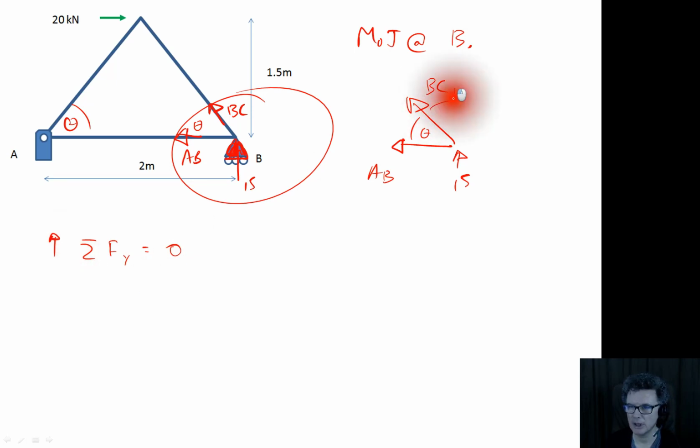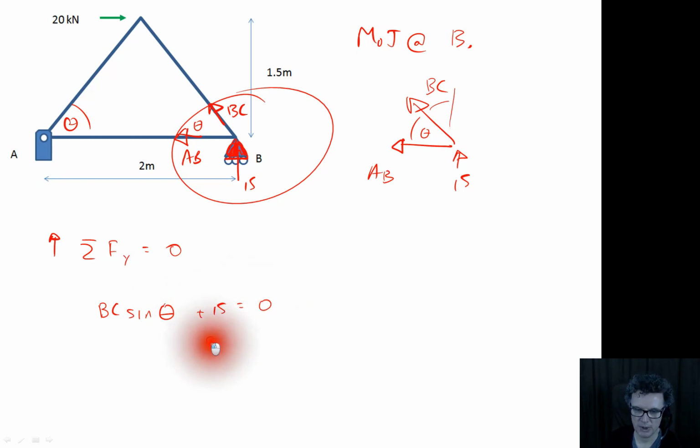So that means not swinging through theta, so that's a sin. So we want to use sine. So we got BC points upwards, provided I swing it through a sin. And then we've got 15 going upwards, and nothing else. So BC equals minus 15 divided by sine theta.